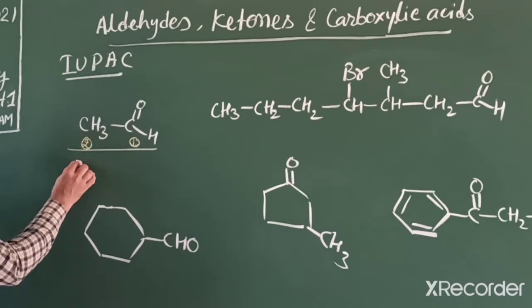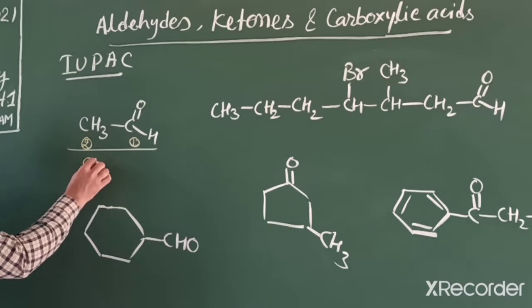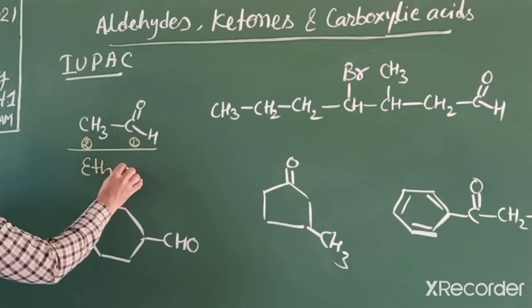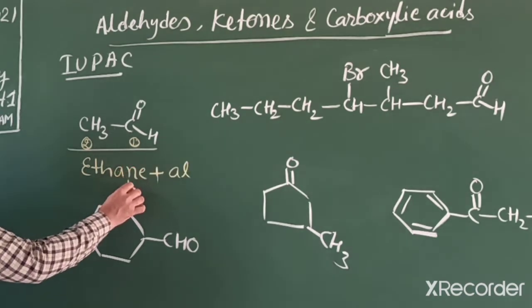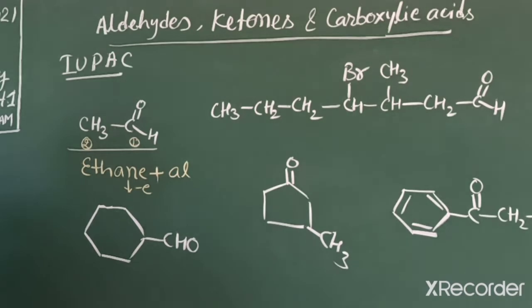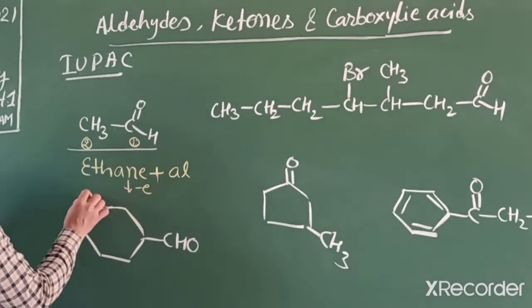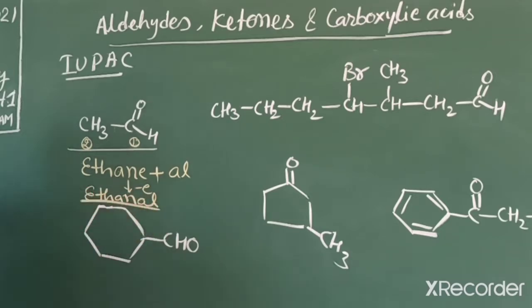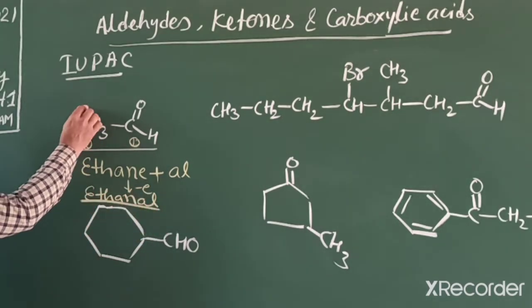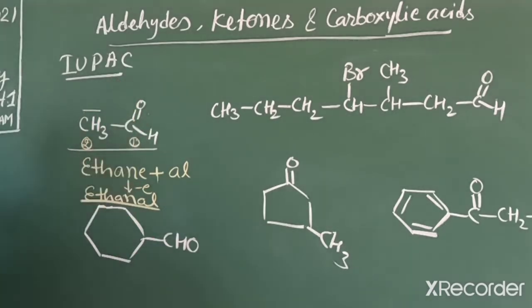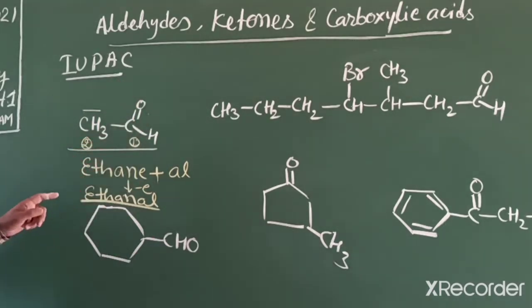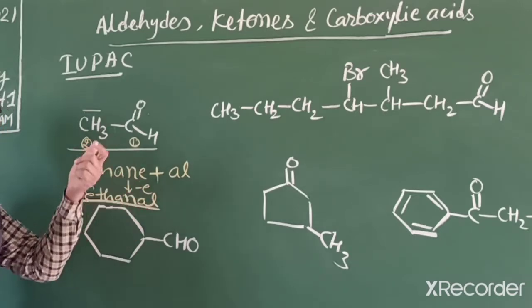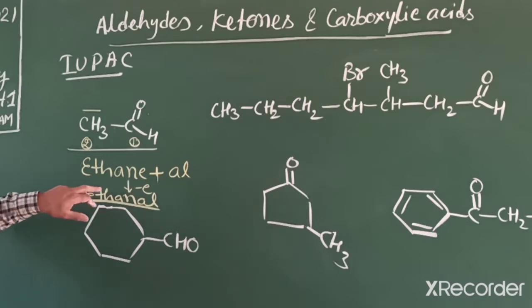So two carbons, no substituent, so eth, with a single bond, so we write suffix ane, and the terminal e is dropped from the parent, and the name is ethanal. Its common name is acetaldehyde. It is a very important compound, but you should write carefully, A and O. If you write O, then ethanol, that is an alcohol. So this one is ethanal.